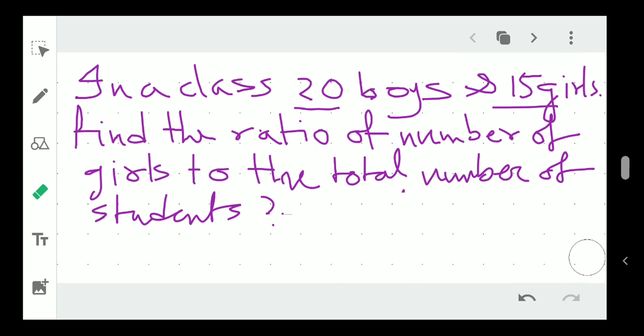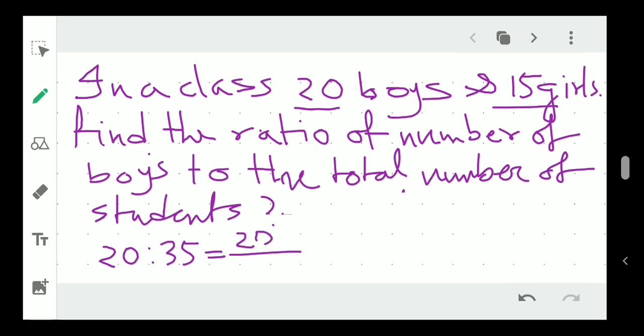If I say find the ratio of boys to the total number of students, in that case it will be 20, that is the number of boys, is to the total number, that is 35. So that will be my 20 by 35.